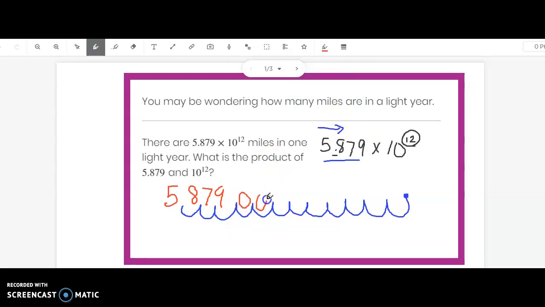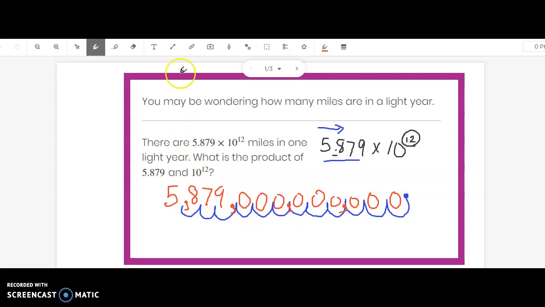So 1 here, here, here, here's a 0, here's a 0, there's a 0, there's a 0, there's a 0, and there's a 0. Okay, so I also want to be mindful that after every 3, we go to a new place value.